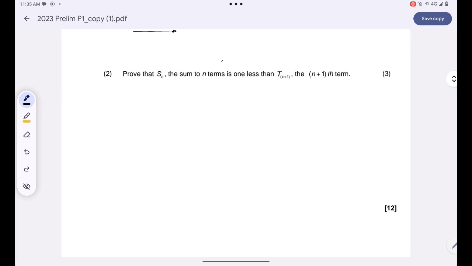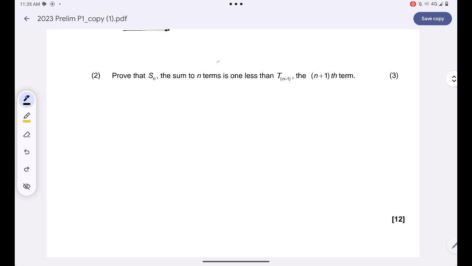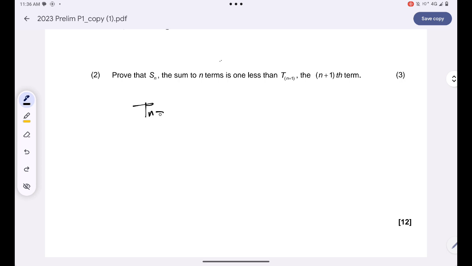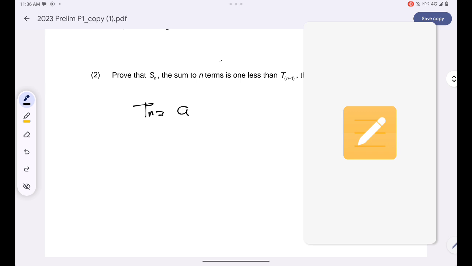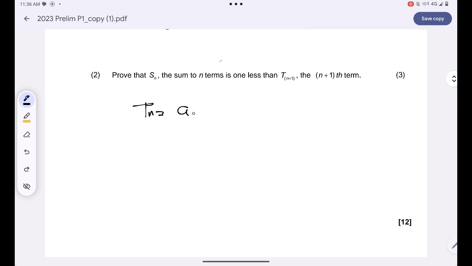Now we are supposed to prove that Sn, the sum of n terms, is 1 less than Tn plus 1, or rather the n plus 1th term. I know that Tn is equal to a r to the power n minus 1. So therefore, Tn plus 1 is a r to the power n plus 1, with a minus 1 there.